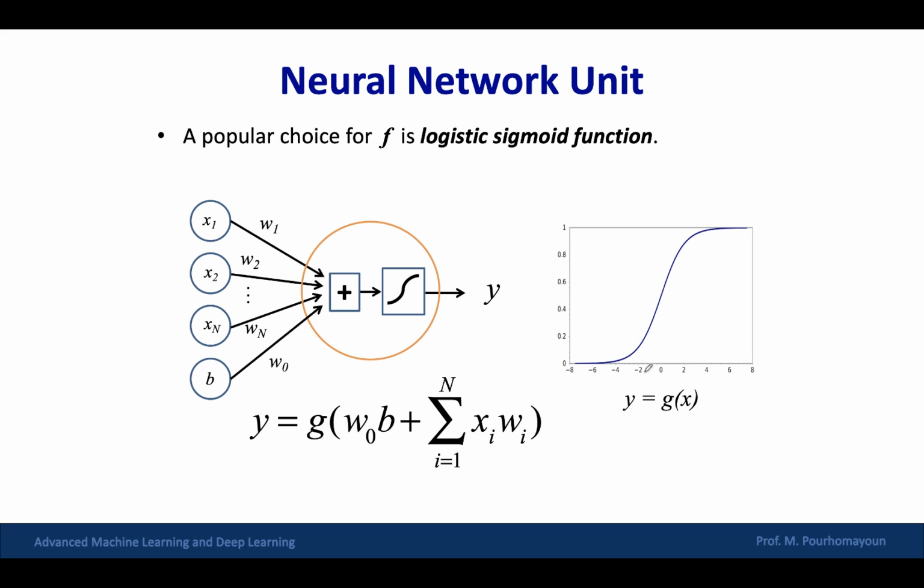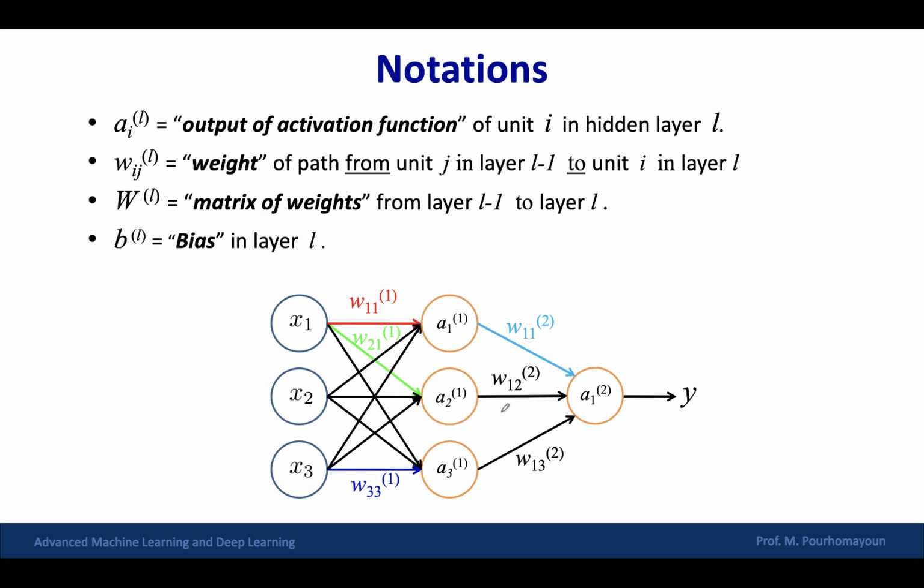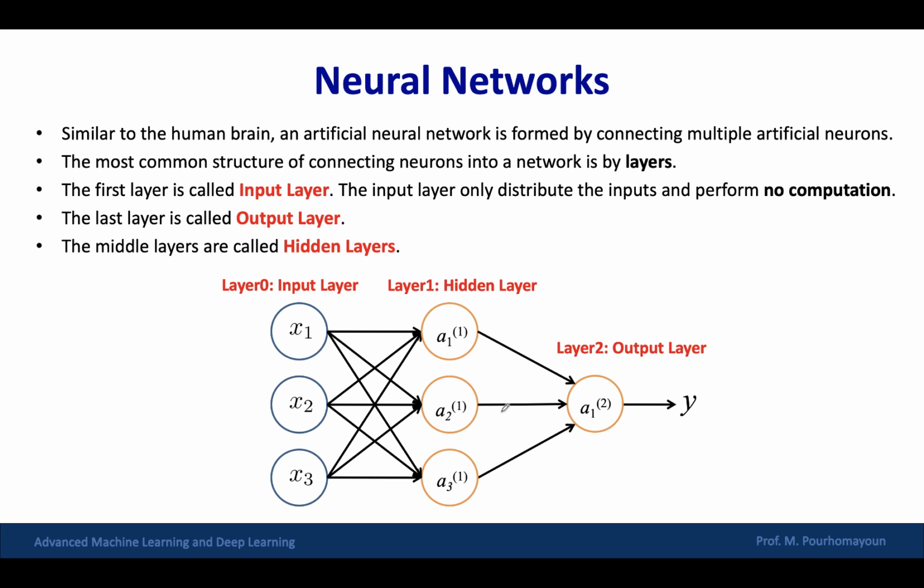We talked about some of the activation functions. It should be non-linear. And we mentioned that by connecting some of these neurons to each other, we can build a neural network. As I mentioned, the structure of a neural network is in the form of layers. The first layer is called the input layer.